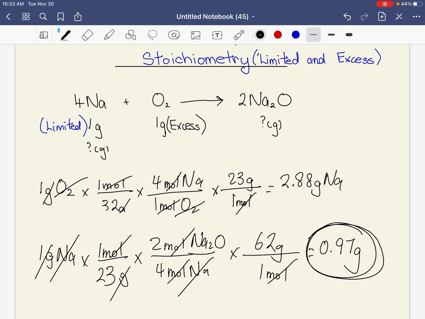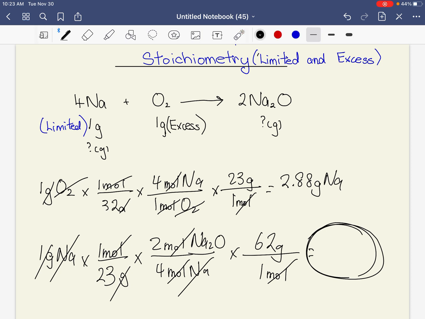It's supposed to be 23. How can you have this product having less mass than the reactant? That means you have negative of this. That makes no sense. So 1 divided by 23 divided by 2 times 62.